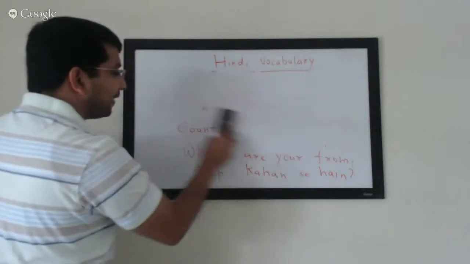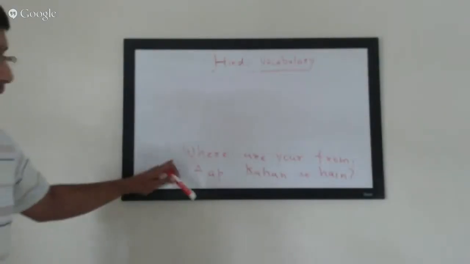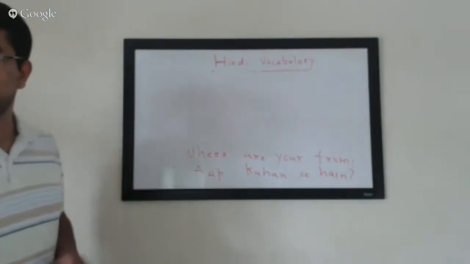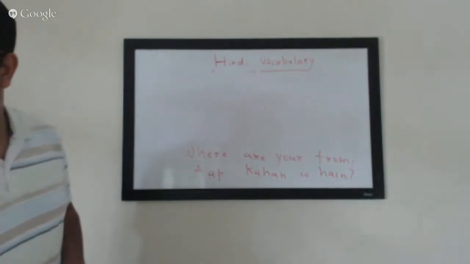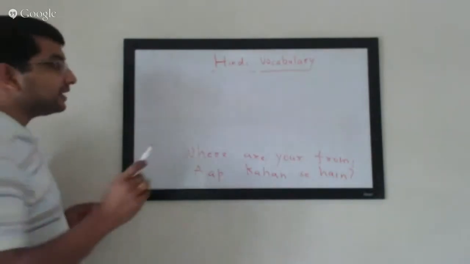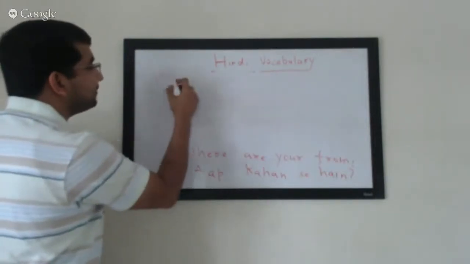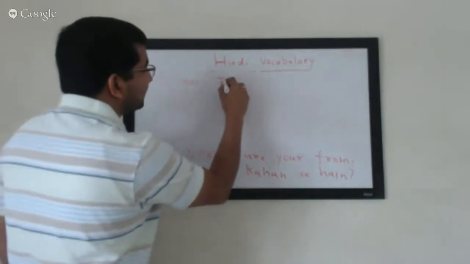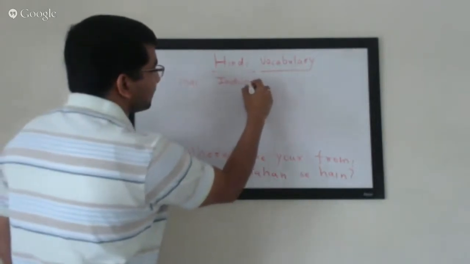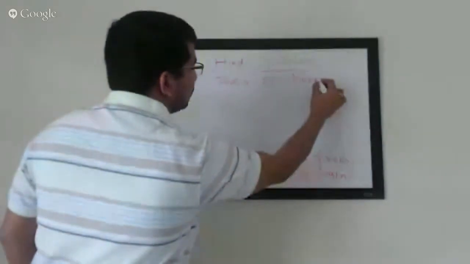And while I'm writing it down, here's a quiz for you, and you can write your answer in the chat box. आप कहाँ से हैं? This is the question I'm asking you, and you can write in the chat box where you are from. At the bigger level, I can say मैं इंडिया से हूँ.